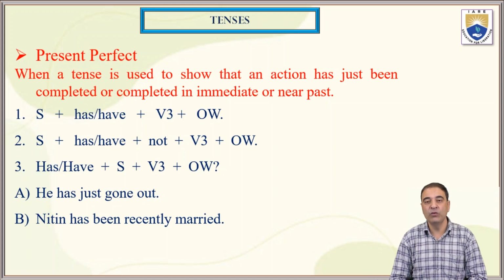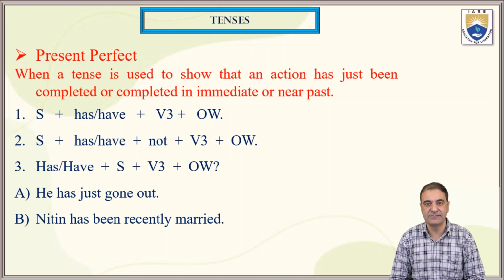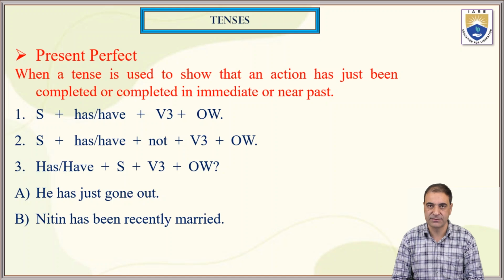And remember, here we use this present perfect tense to express near past, or to express actions that have been completed in near past. Like here, he has just gone out. That means I'm talking about the near past.